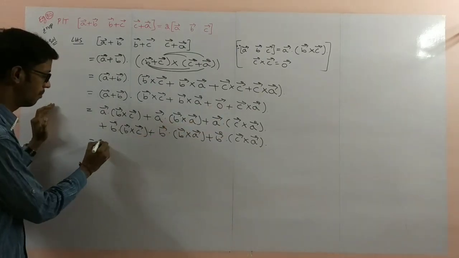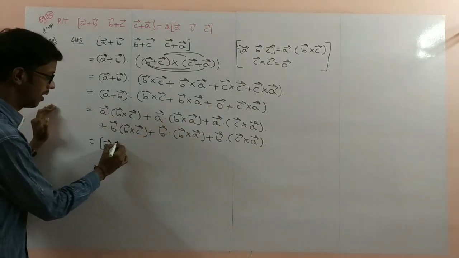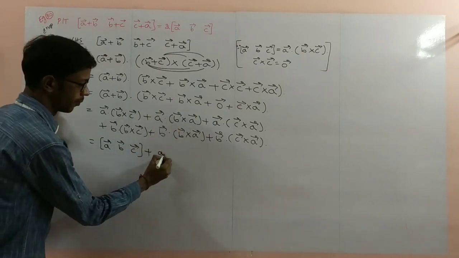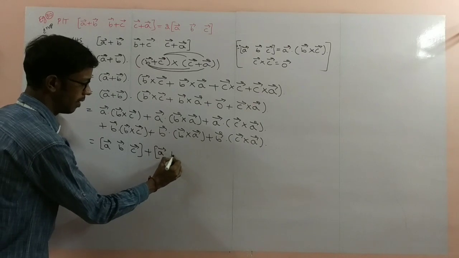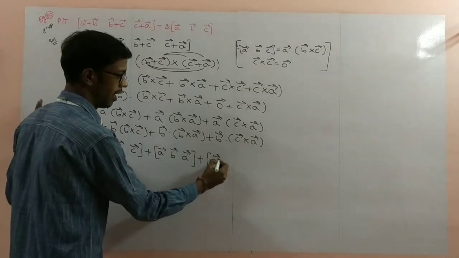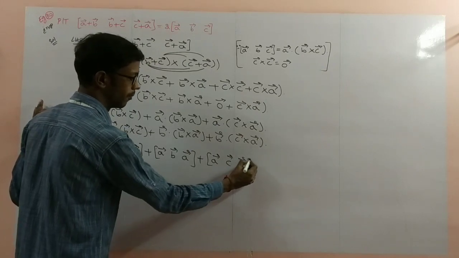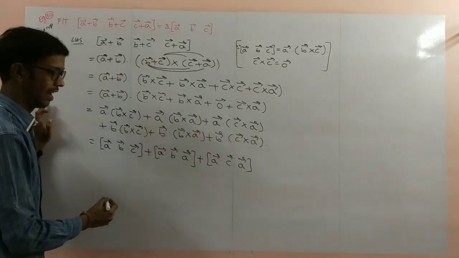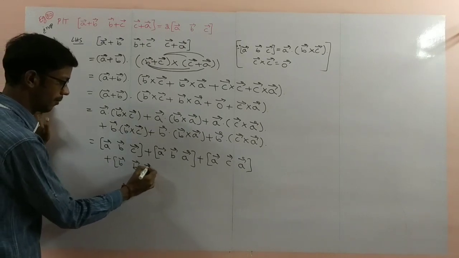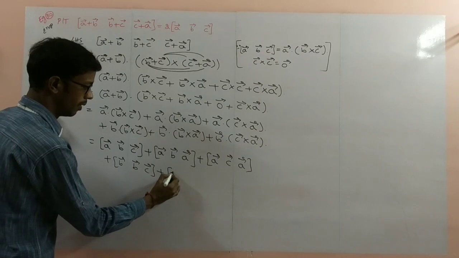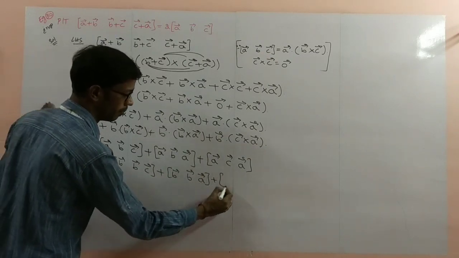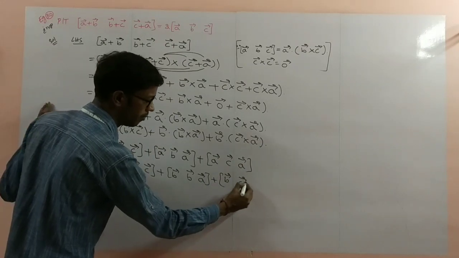So we can write the box of A bar, B bar, C bar, first one, plus second one, box of A bar, B bar, A bar, box of A bar, C bar, A bar. First line completed. Plus box of B bar, B bar, C bar, plus box of B bar, B bar, A bar, plus box of B bar, C bar, A bar.